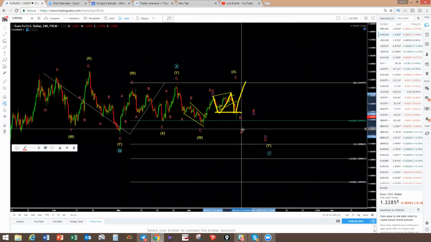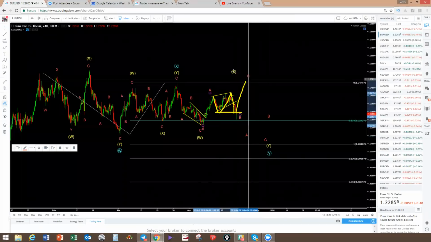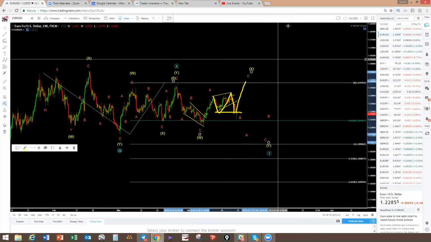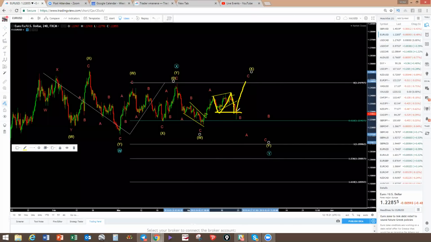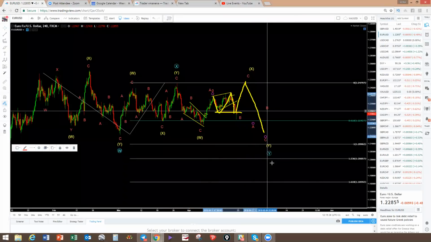Then that would have been an ABC, and then your X would have been there, because then you would have had your B being an expanding, a regular flat there. It will still have been exactly the same move that we're expecting, and the structure would not have changed one bit. See how interesting this is.